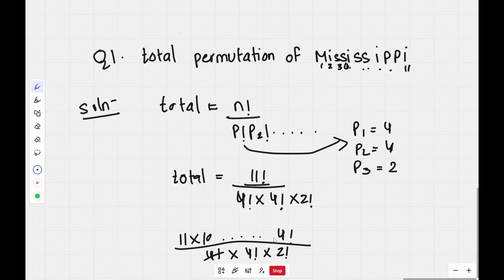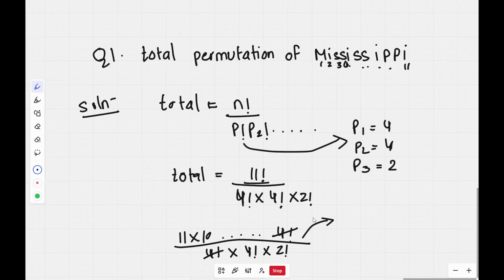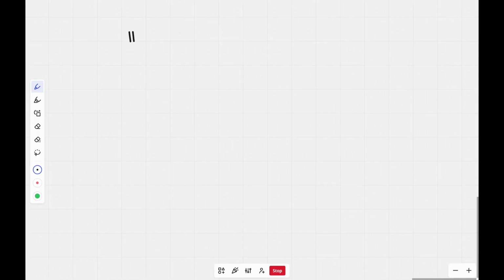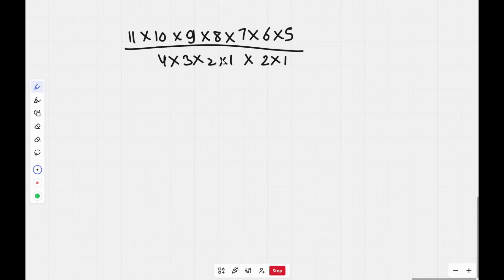Now one 4 factorial and one 4 factorial can be cancelled. Now writing all the numbers, we have 11 into 10, where we have expanded all the factorials.